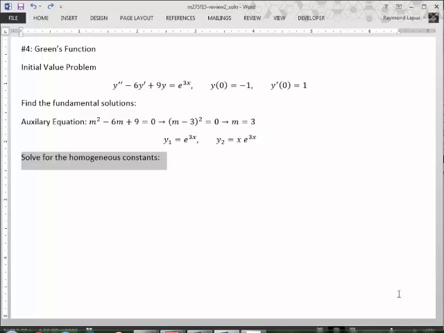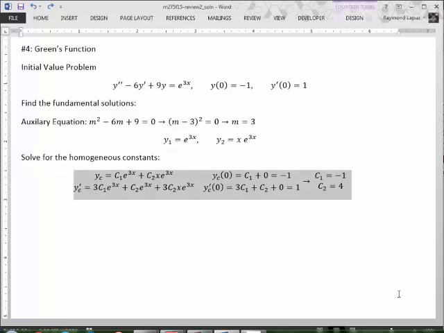So we're going to solve for the homogeneous constants, and we do that by putting 0 in for x and taking the derivative and putting 0 in for x there as well. In doing so, we get constants c1 equal to negative 1 and c2 equal to 4.